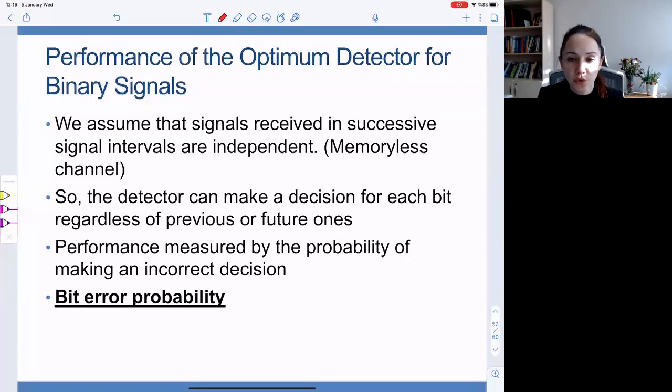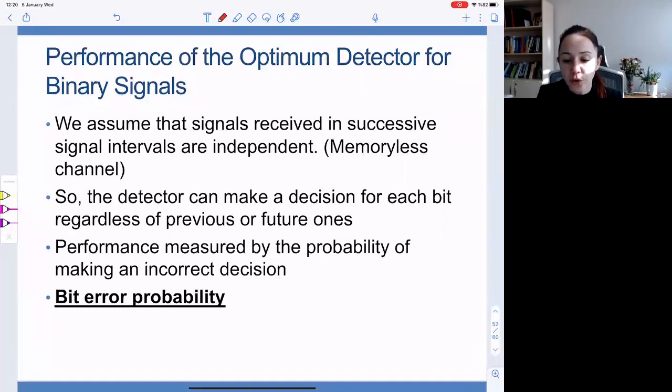Now, for this, we will assume that signals received in successive signal intervals are independent. This is an assumption sometimes referred to as a memoryless channel. When would a channel have memory? Well, when successive symbols undergo a phenomenon that lasts across time and then changes gradually, for example, shadowing by obstacles.